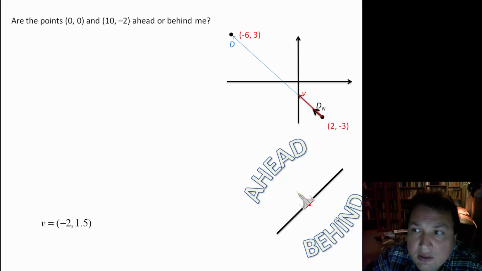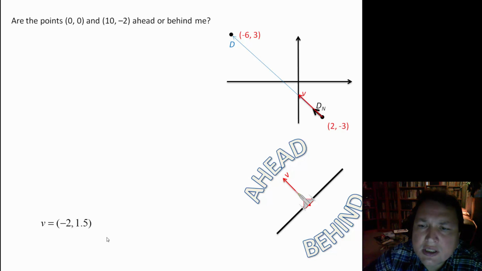I also need a clear definition of where my front is, and for this I will use the velocity vector, which has been calculated in one of the previous steps. The assumption, maybe not always true, but in this case we will just assume that my front is always where the velocity vector is pointing. So that's my front.